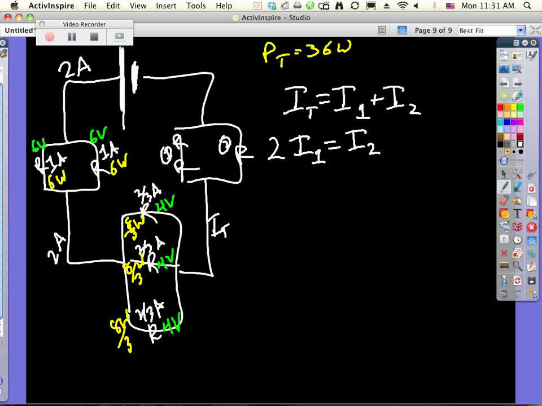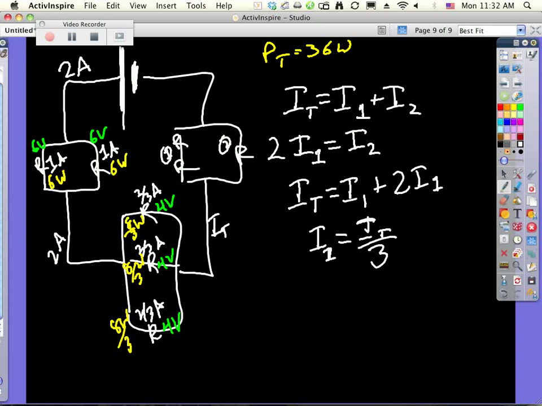So then from this, we can say I total is equal to I1 plus 2I1, and therefore I1 is equal to I total over 3. And so what is I total? 2 amps, right? So then we get this, once again, is 2/3 amps, just like these, and this becomes 4/3 amps.